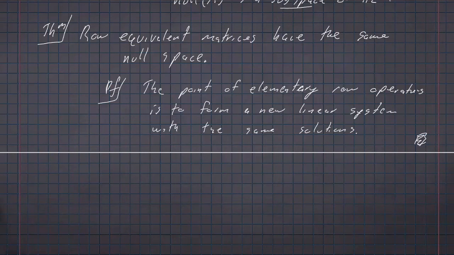The point of elementary row operations is to form a new linear system with the same solutions. So if you perform elementary row operations, you get a row equivalent matrix, and it has the same solution, and the null space is the set of all solutions. So I should stop beating a dead horse.